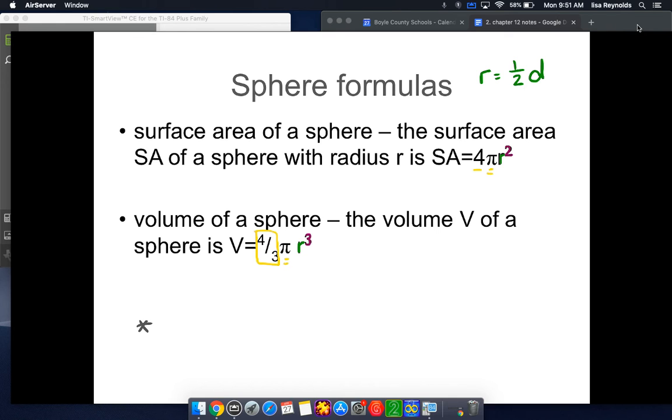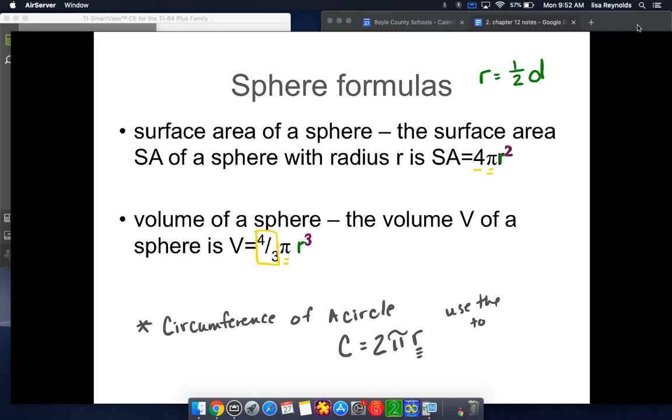So you may want to remember the circumference of a circle is circumference equals 2 pi r, and we can use this to solve for r. Sometimes they're going to give us the circumference of the great circle, and we're going to have to find the radius before we can calculate the surface area or the volume.